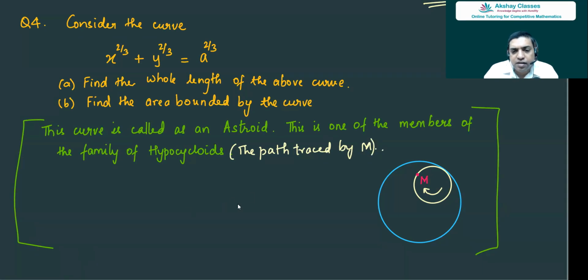All right. Now, let's say the inner circle radius is small r, and the outer circle radius is capital R. If the ratio of the inner to outer circle radius is 1 by 3, then it is called a deltoid.